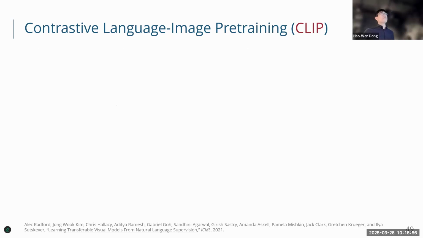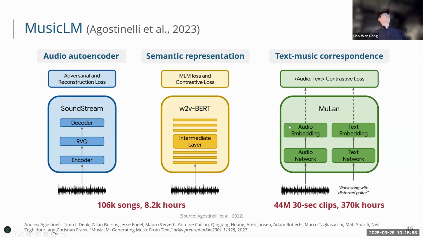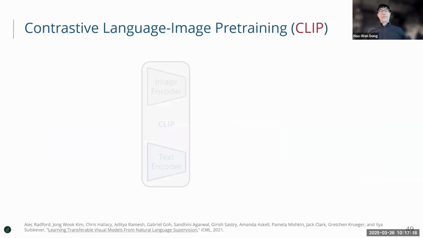MuLan is the key component of MusicLM, and that's why it improves on MusicGen, which doesn't really capture how we understand text and how it corresponds to the different music features. Can we get better alignment between the text you send and the audio that you listen to?